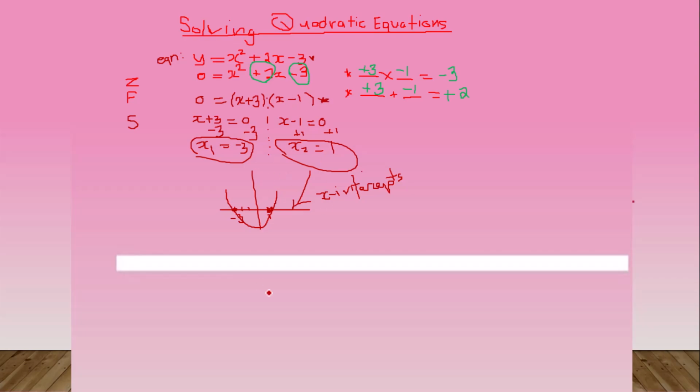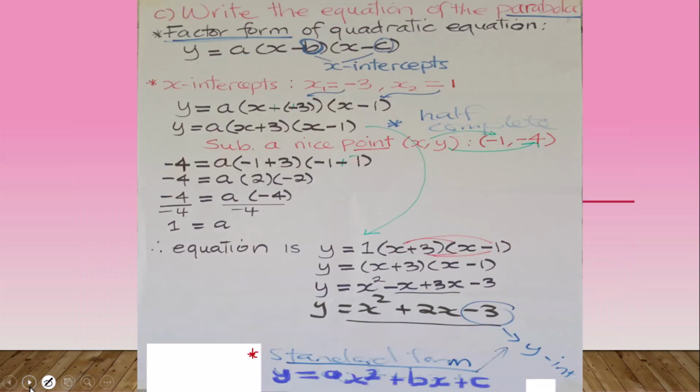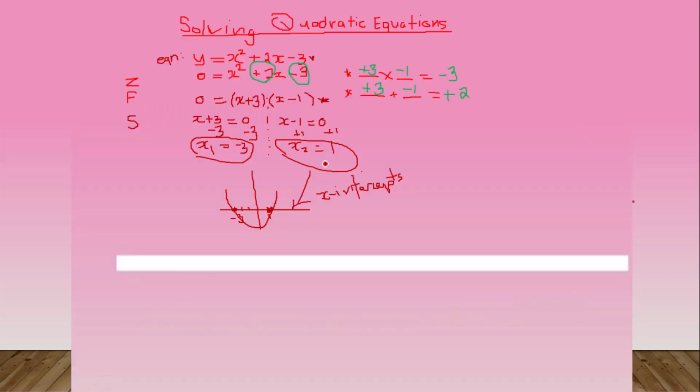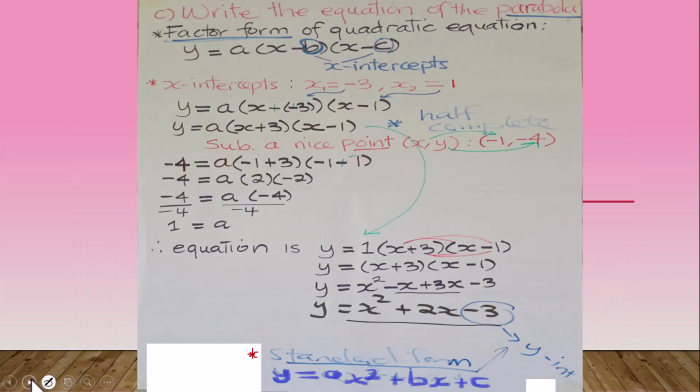So that's how we're going to do it, but in reverse. First we get the x-intercepts, we put them in the factor form, and then we expand into the standard form.